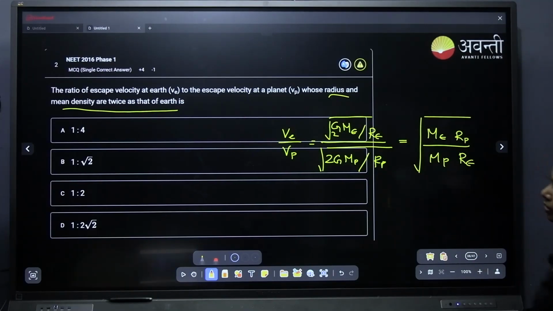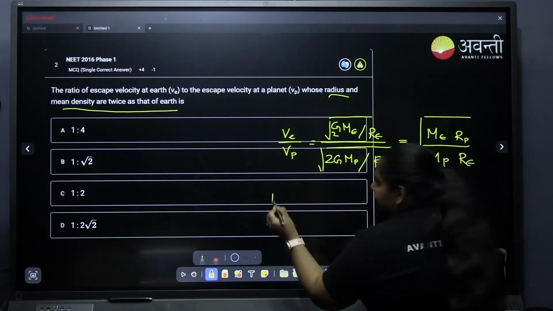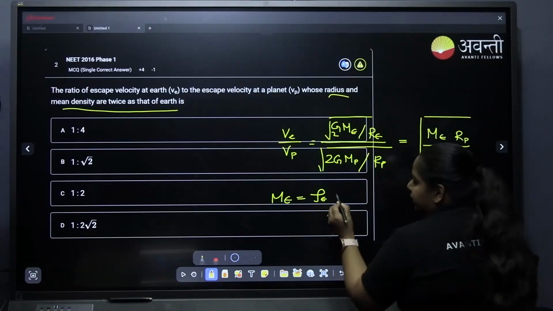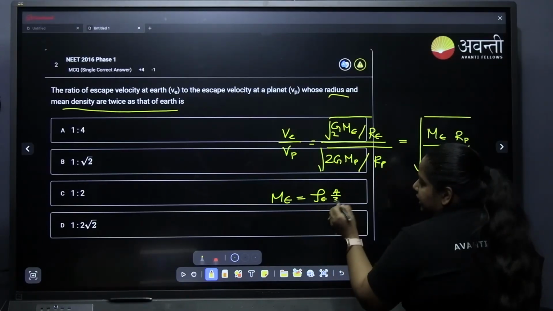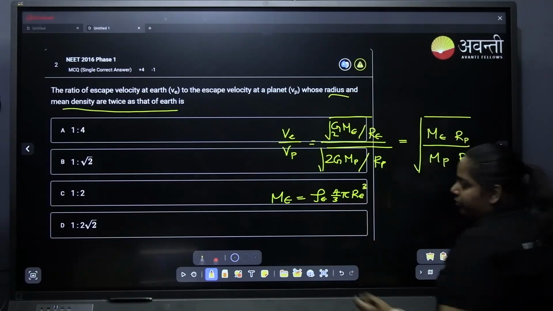Okay. Now density they have given as twice. Density twice, radius twice. So we have to write mass of Earth is equal to density of Earth into 4 by 3 pi radius of Earth cube.